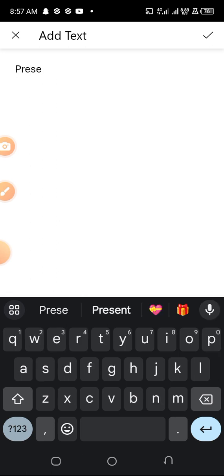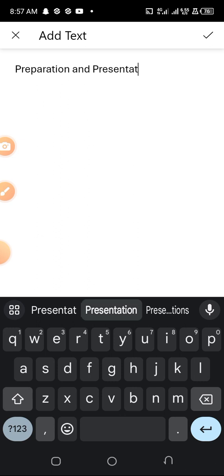Preparation and presentation of financial statements.